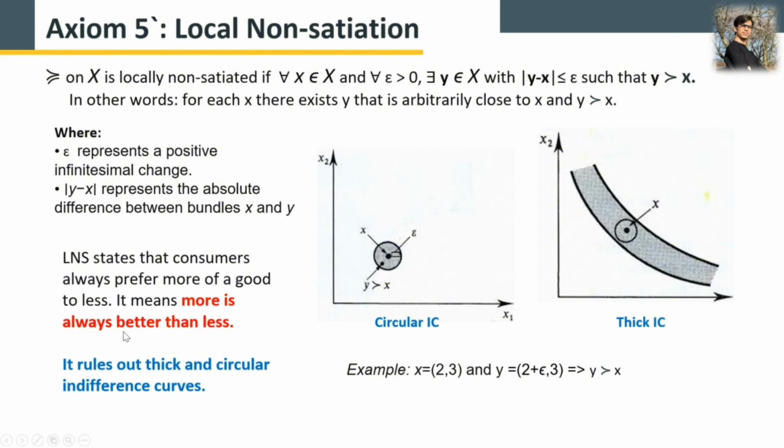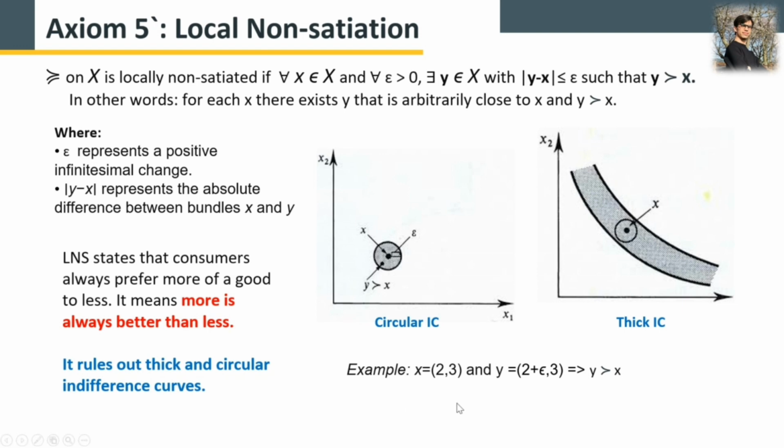It means more is always better than less. Or another way we can say that LNS demonstrates that the consumer always prefers a bundle that contains slightly more of at least one good, even if it's very small.